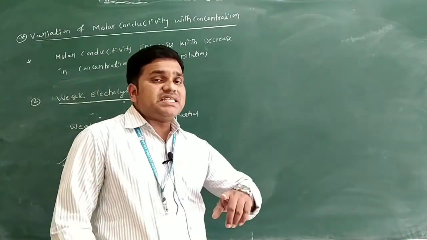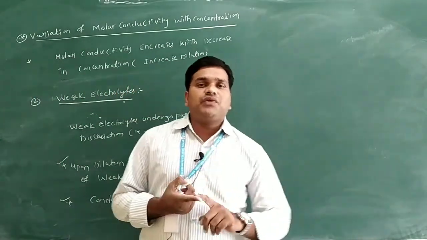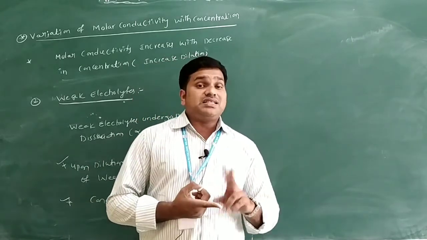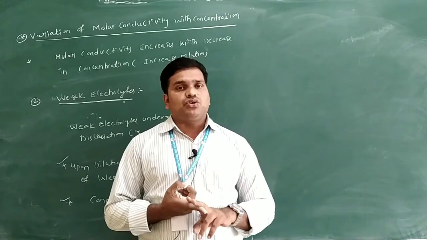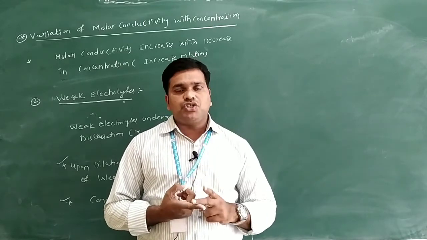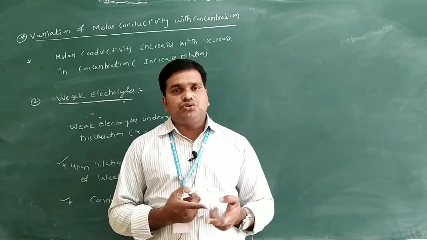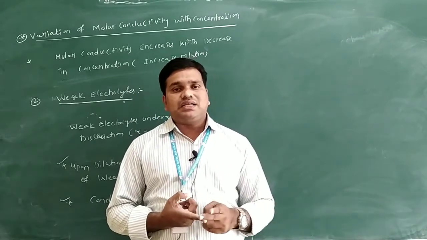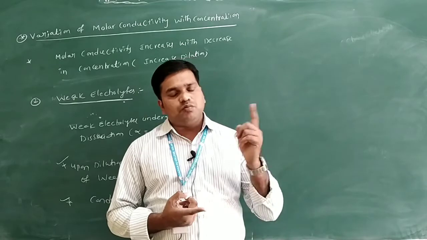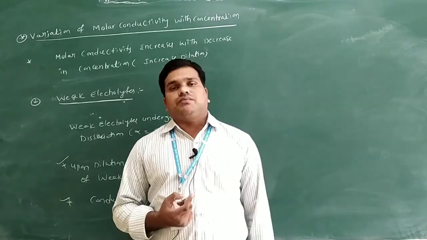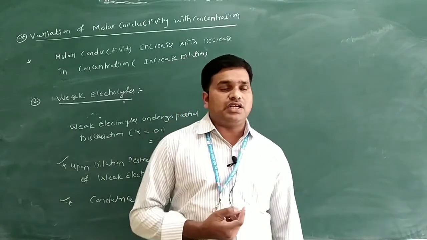In a strong electrolyte only one factor is considered, but in a weak electrolyte we consider two factors: one is degree of dissociation, and one is conductance. By comparing these two, we can say the molar conductance increases more when compared with strong electrolytes.